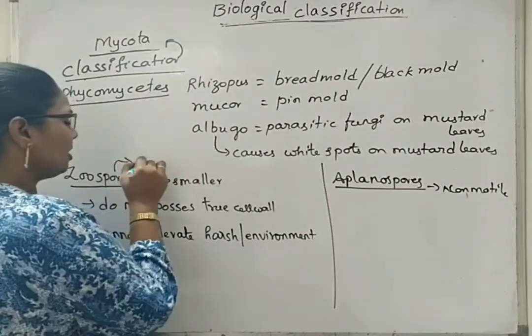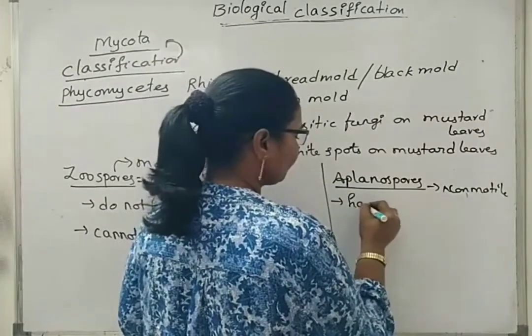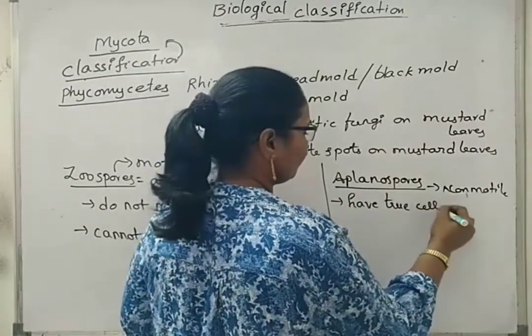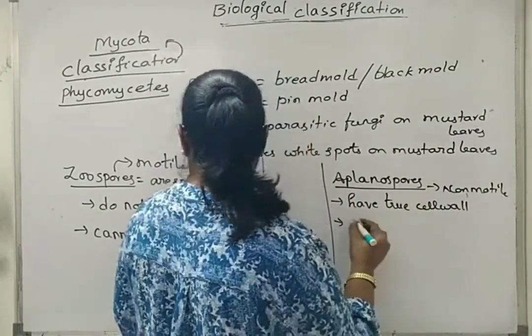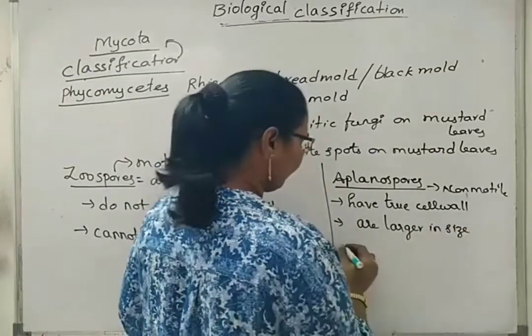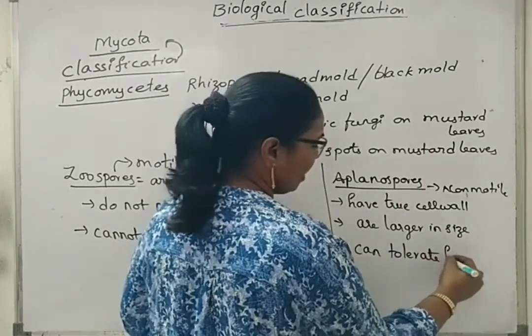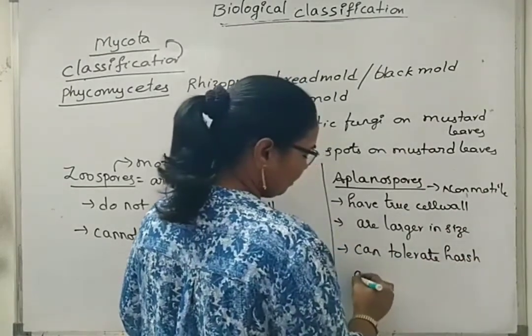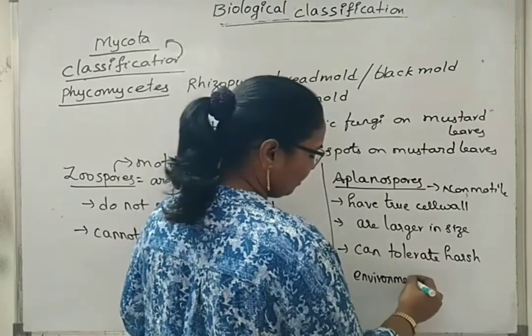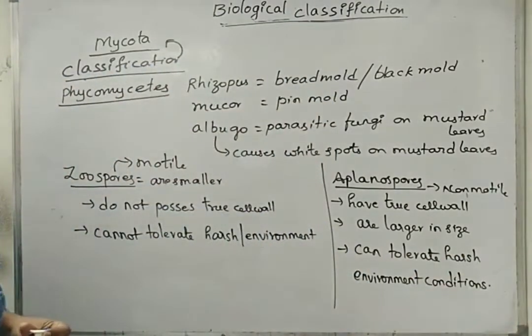Aplanospores have a true cell wall, are larger in size, and can tolerate harsh atmospheric conditions. So these are a few important points for your NEET MCQ point of view from Phycomycetes members.